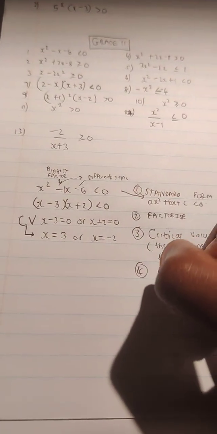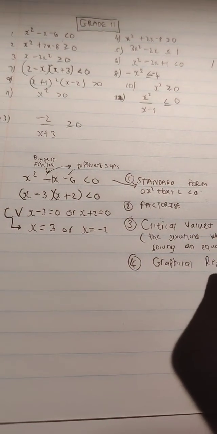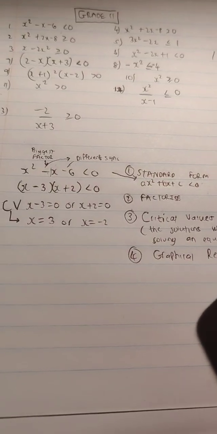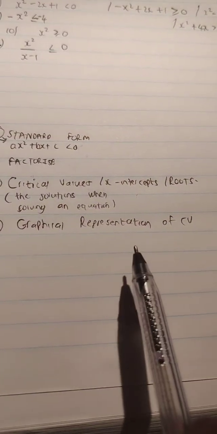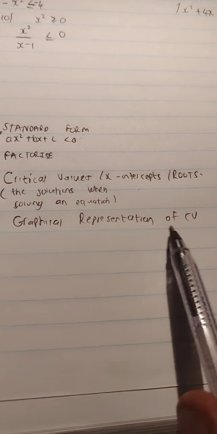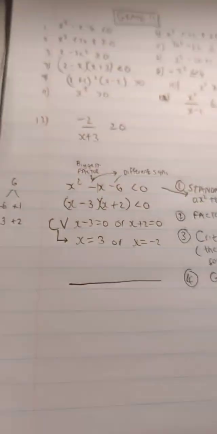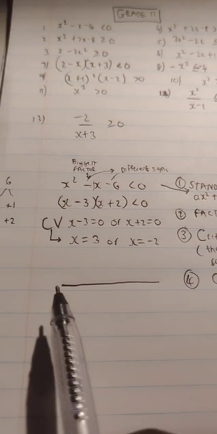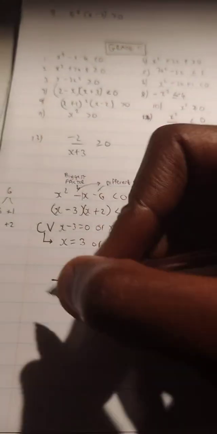Step number 4, graphical representation of the critical values. Our critical values are x is equal to 3 and x is equal to negative 2. So what we do, guys, is we draw an x-intercept number line.